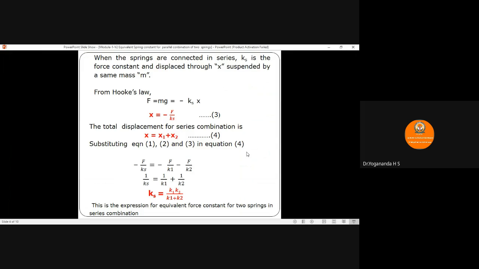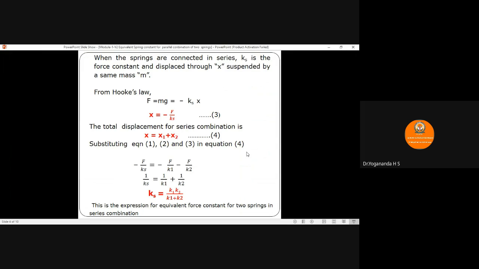Taking LCM on the right hand side and simplifying, we get ks equal to k1 k2 divided by k1 plus k2, where ks is the expression for equivalent force constant for the two springs connected in series combination.